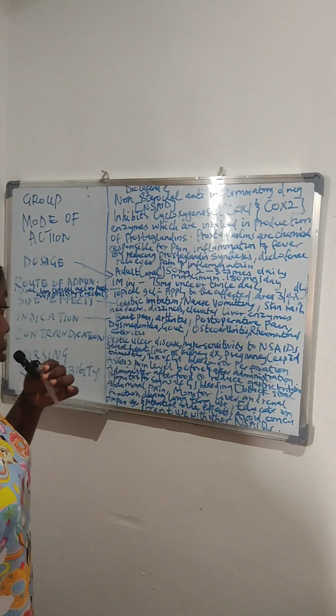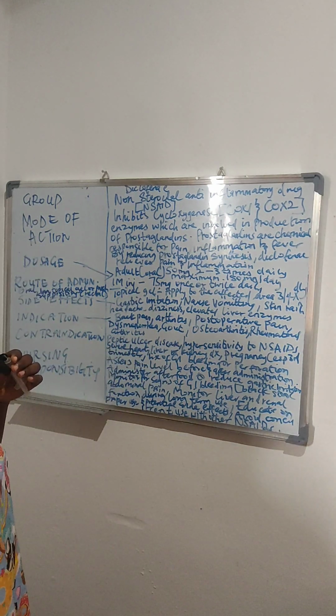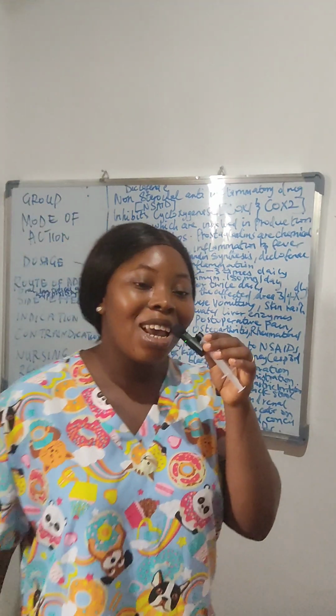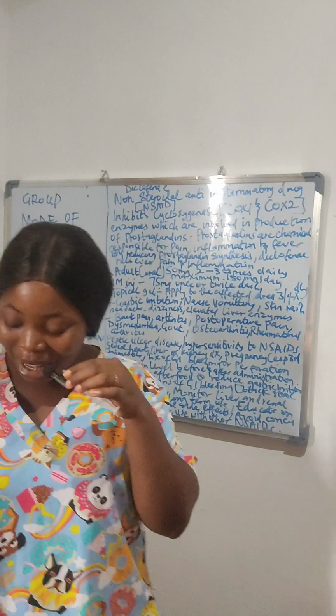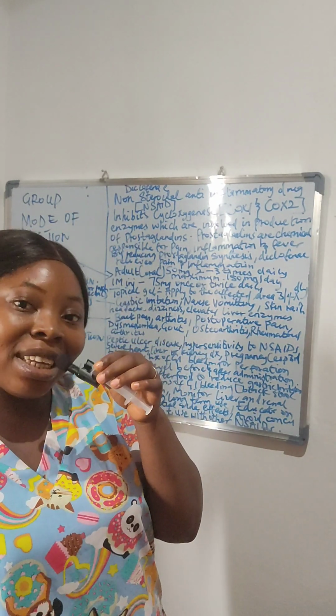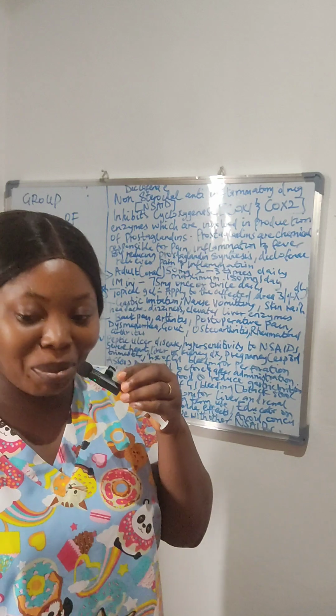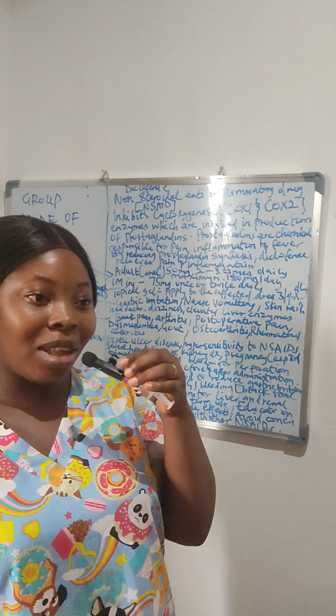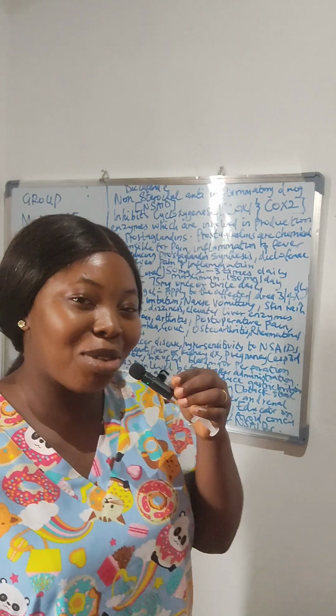The next one is to avoid concurrent use with other NSAIDs. This one is actually funny, because if you buy over-the-counter drugs from chemist people, they will give you paracetamol, they will give you diclofenac, they even join ibuprofen to it.